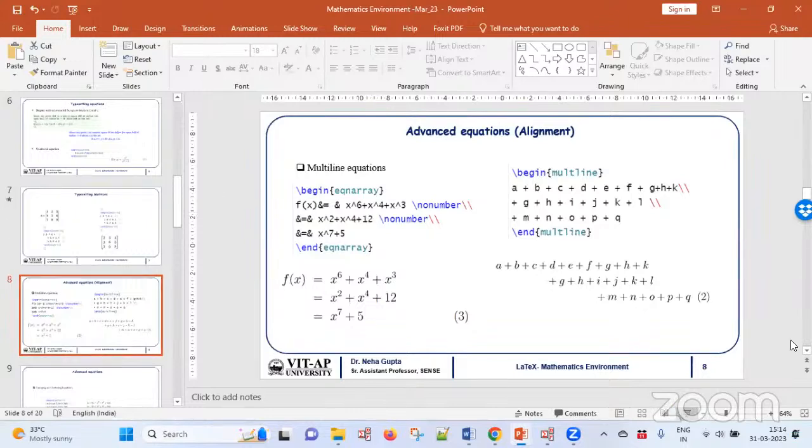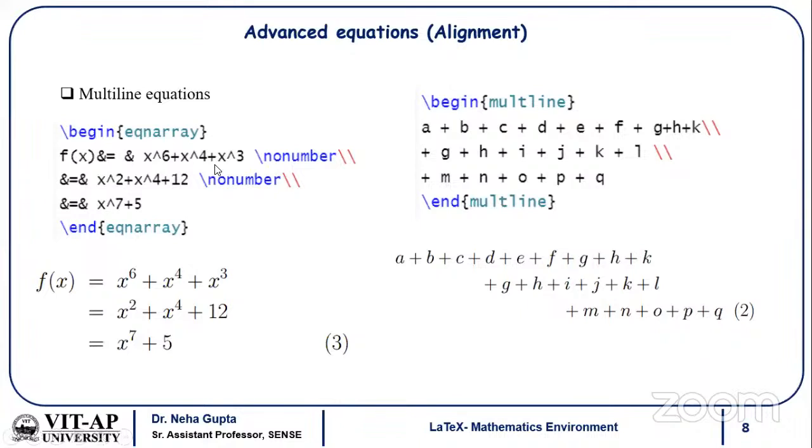Okay, so here you can see the first one, we can use the equation array. An array type of equation environment you can create with the help of this command, which is going to give you multi-line equations.